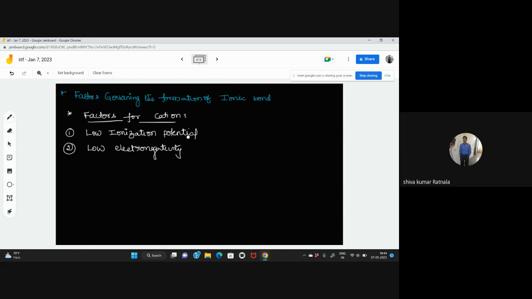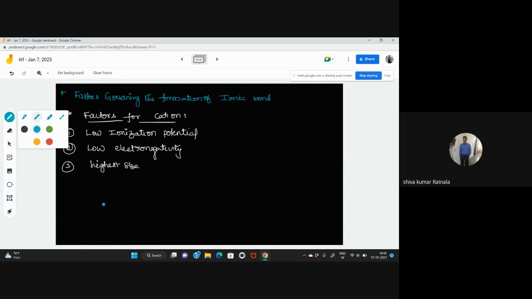The atoms which have low IP value will have the largest size. That means if these factors are there, cations can form easily.